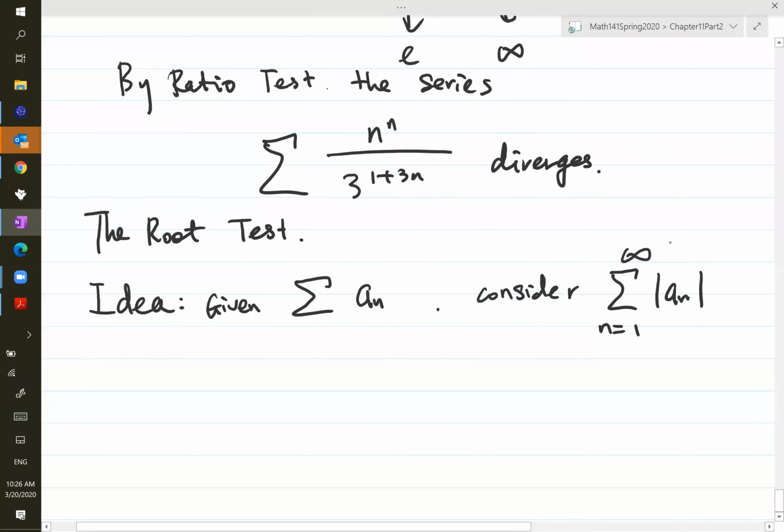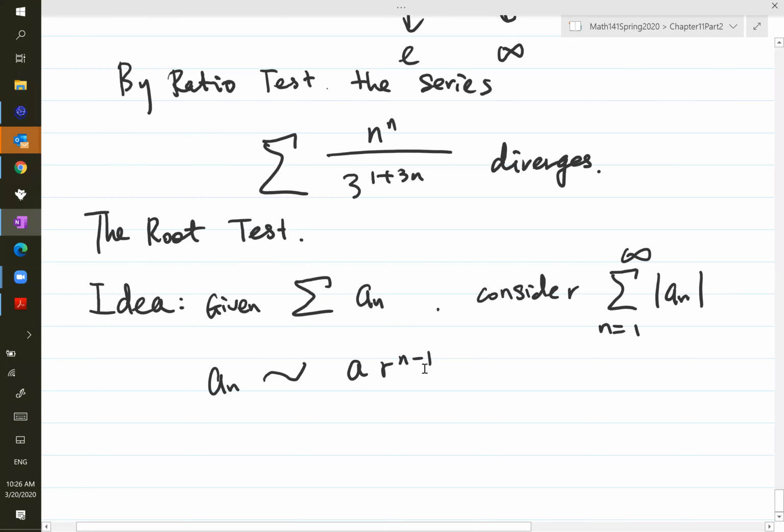Now, suppose this |a_n| is comparable with a r to the power n minus 1.